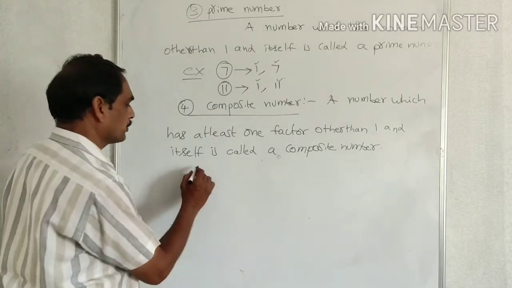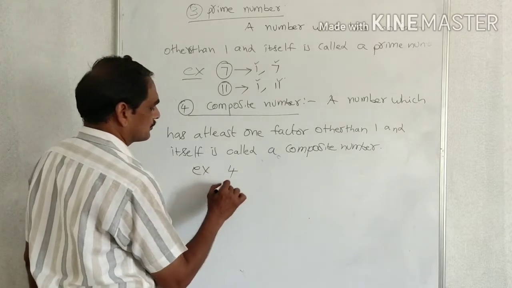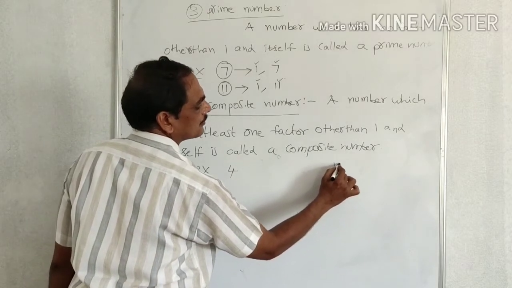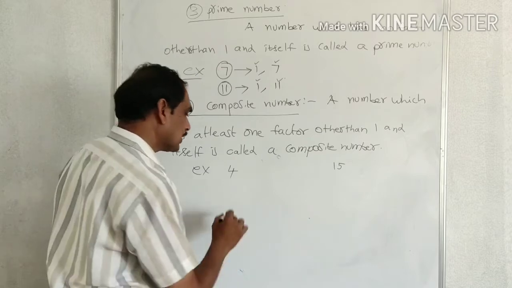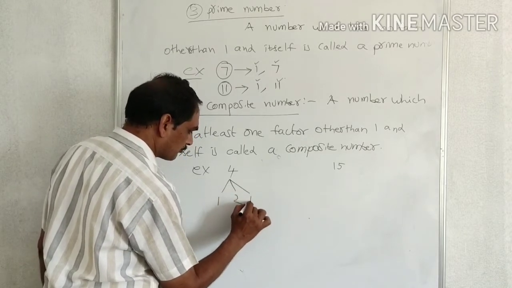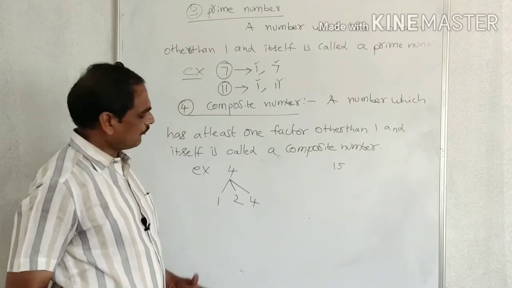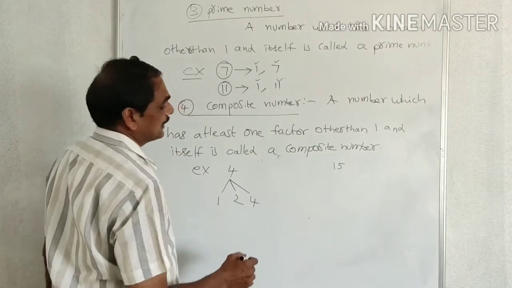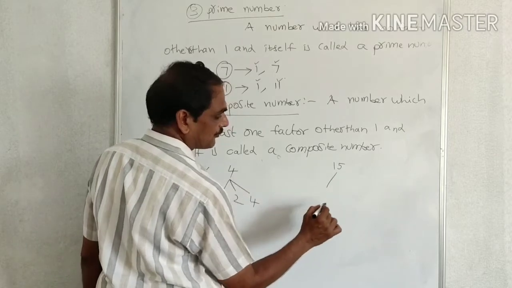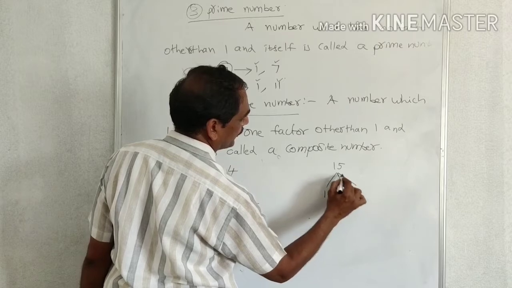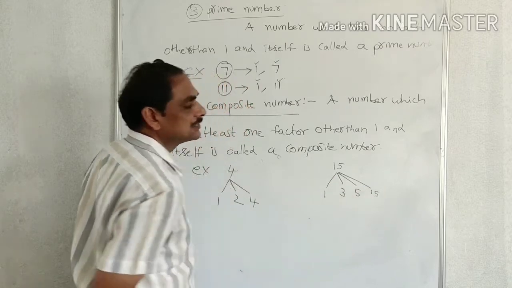We take one example, 4 and next 15. The factors of 4 are 1, 2, 4. Already we discussed this in the previous session. Next, the factors of 15 are 1, 3, 5 and 15.